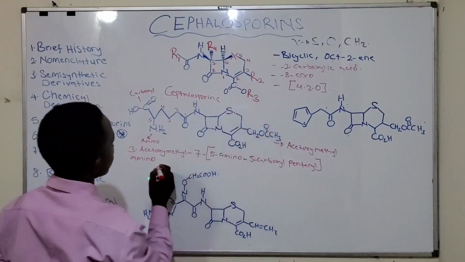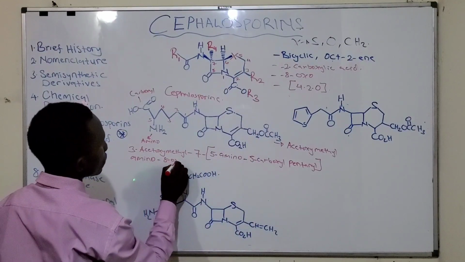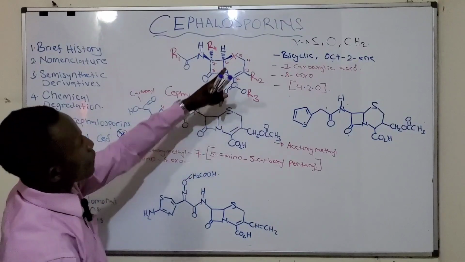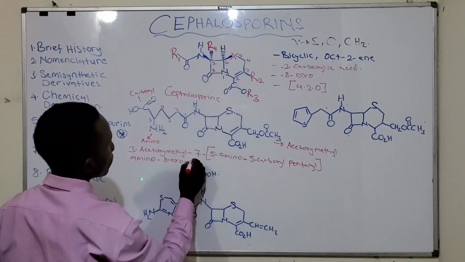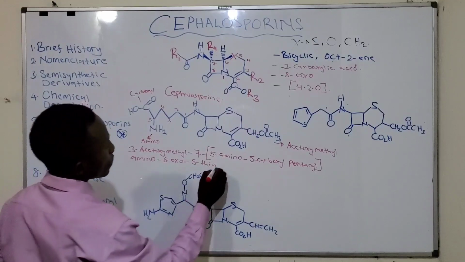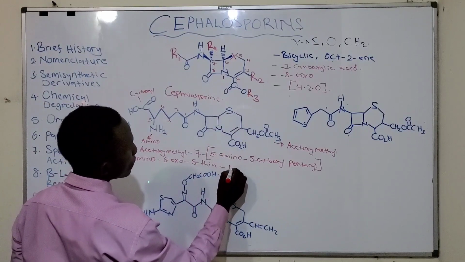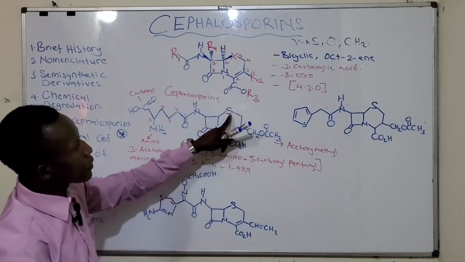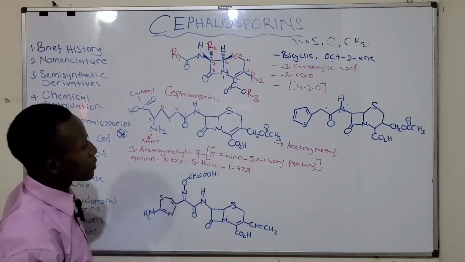Now we come to this structure. Now we have 8 oxo. We have the 5 thia, we have 1 aza. This is the thia group. This is the aza group.